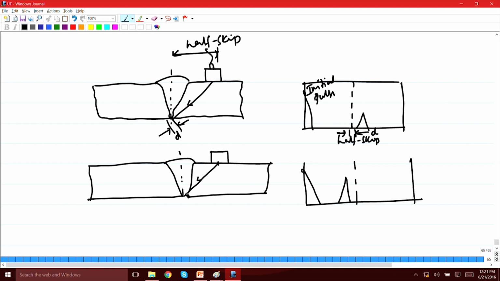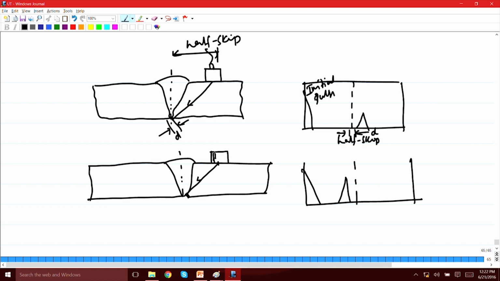So it is encountering that interface which is before the root, and then it is going back to the probe, and that is why you will see this defect echo coming just before the half skip. Okay. You can confirm whether it is a root cut or a lack of fusion kind of defect.